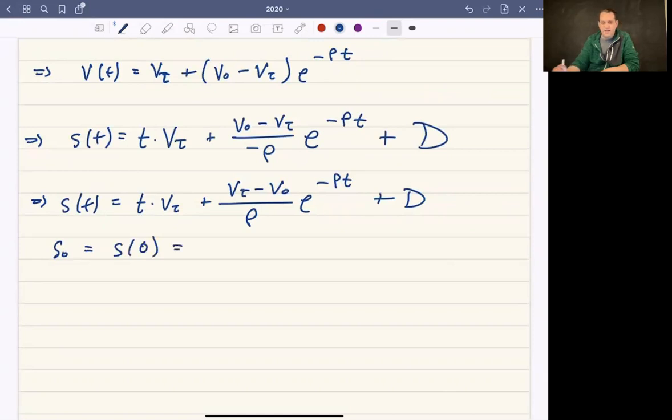And so if you plug in t equals 0, you'll end up with the first term goes away. The second term is going to be this v tau minus v naught over rho plus d. And so d, you can solve from here. D is going to be your initial position minus this quantity.